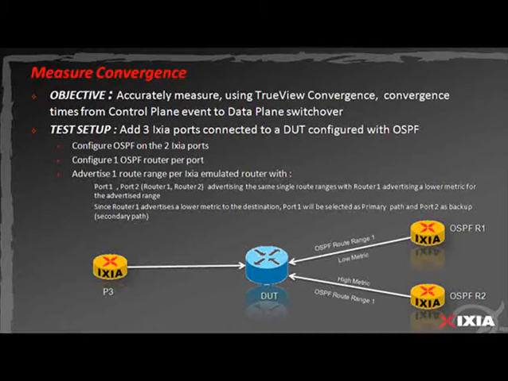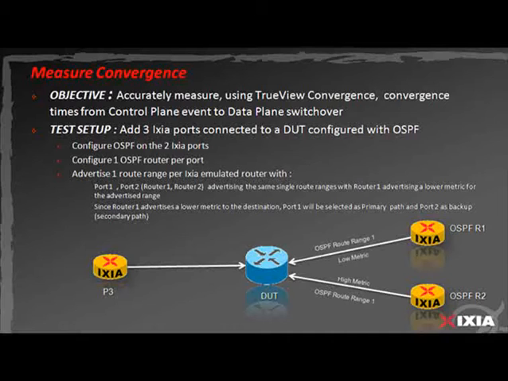The purpose of doing this is that the device under test will forward all traffic destined to the routes advertised by OSPF routers R1 and R2, but because OSPF router R1 advertises the routes with the lower metric, this will be chosen as the primary path.